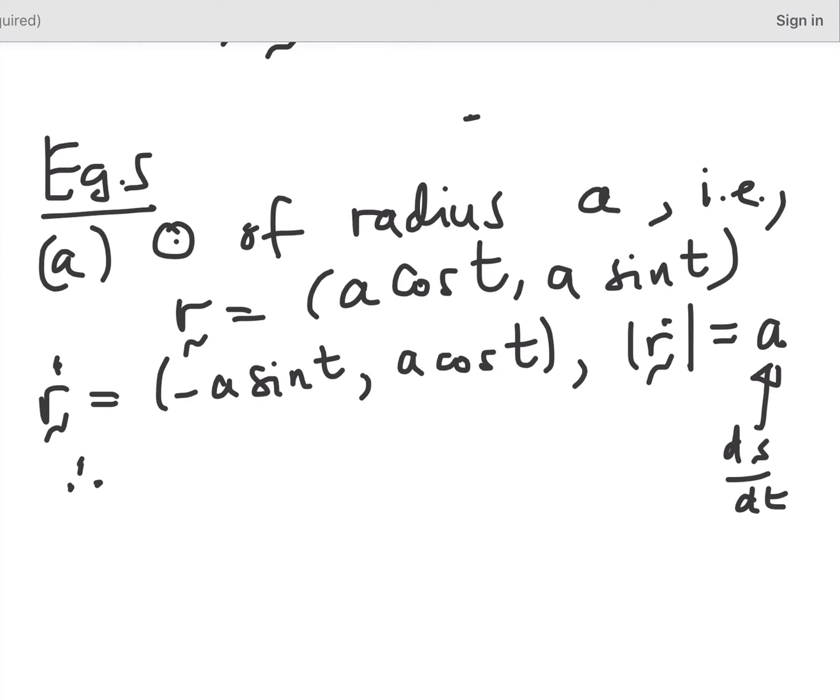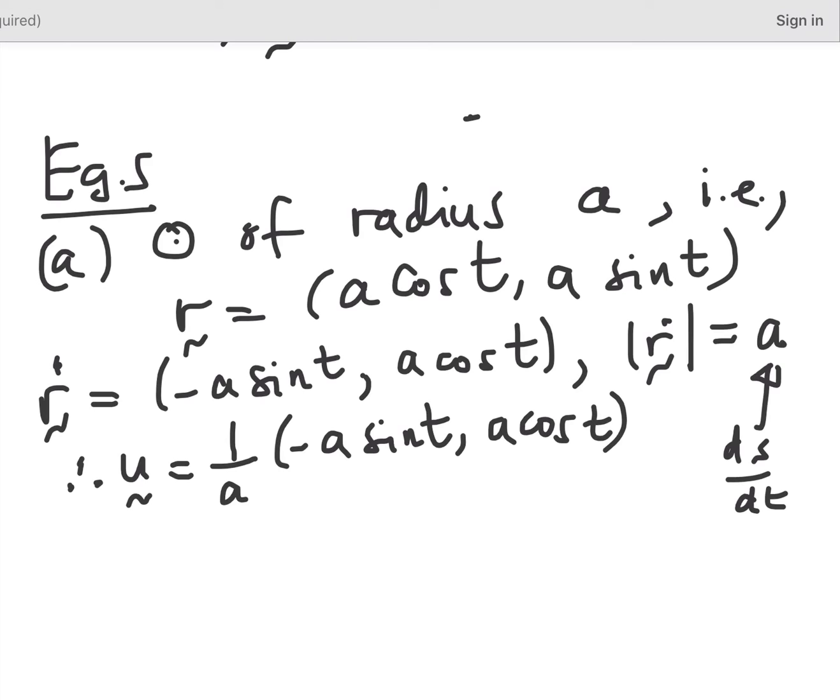So therefore then, the unit tangent vector, which we denote by u, is 1 over the mod of r dot, which is 1 over a, times r dot itself, which is minus a sine t, a cos t. That's your unit tangent vector.